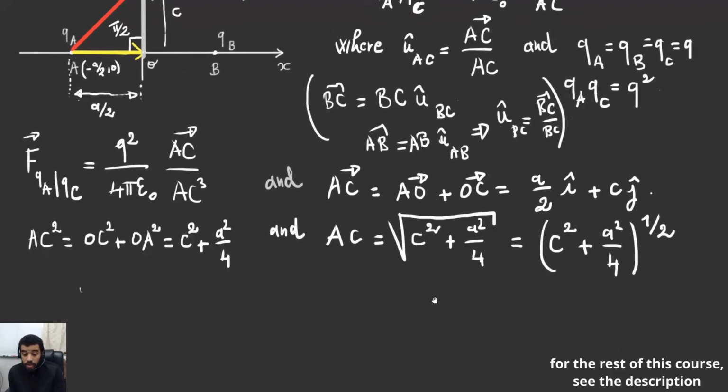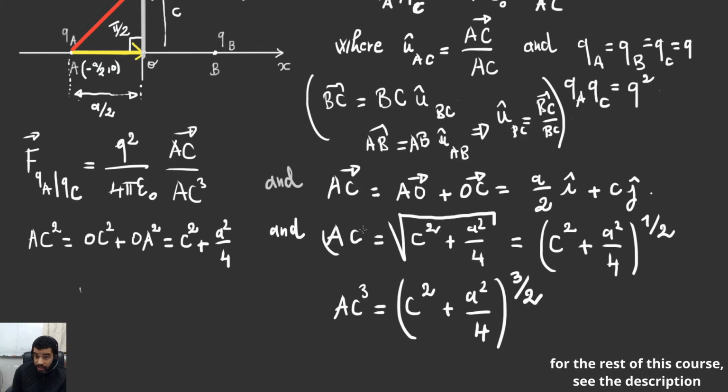Therefore, if I want AC cubed, I just add the power 3, and this 3 goes here. So I have AC cubed equals c squared plus a squared over 4, all of that to the power 3 over 2.